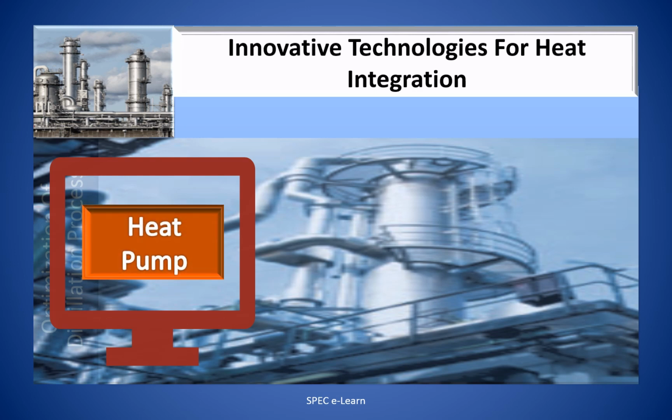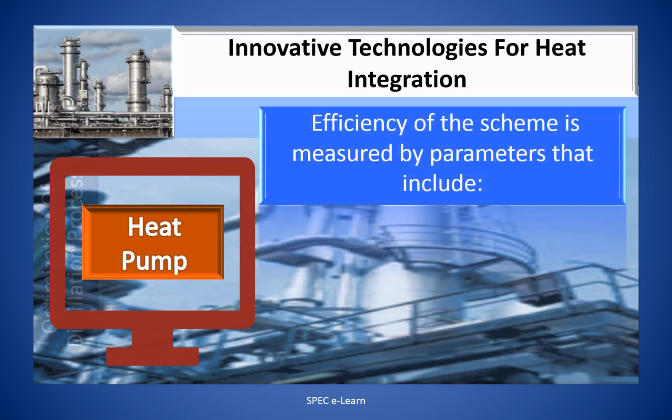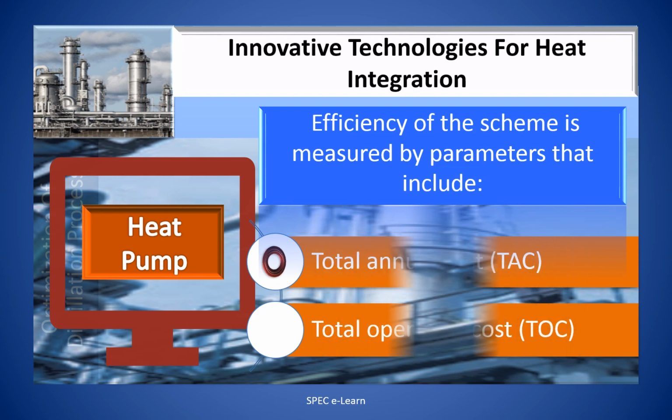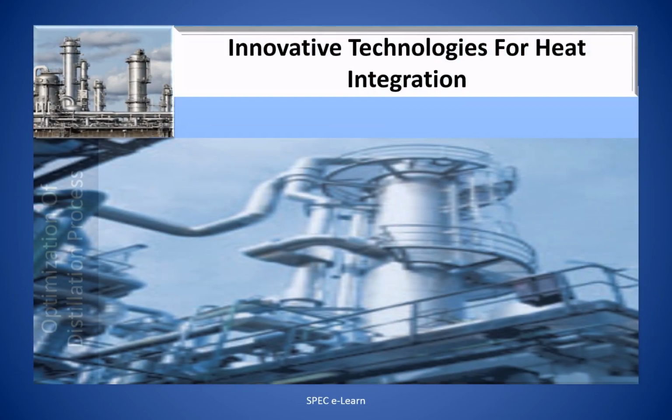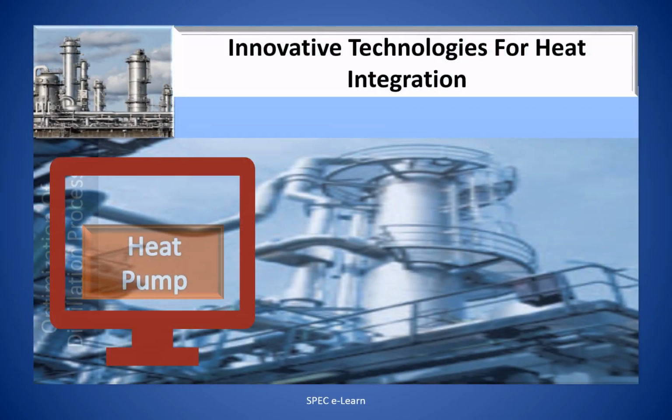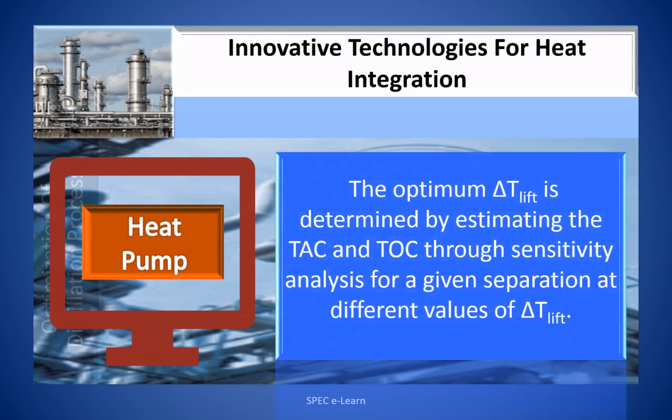The efficiency of the heat pump scheme is measured by parameters that include total annual cost and total operating cost. The optimum delta T lift is determined by estimating the total annual cost and total operating cost through a sensitivity analysis for a given separation at different values of delta T lift.